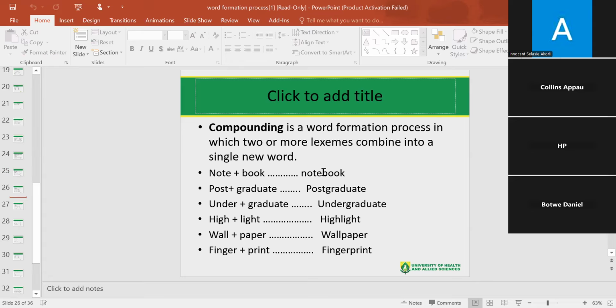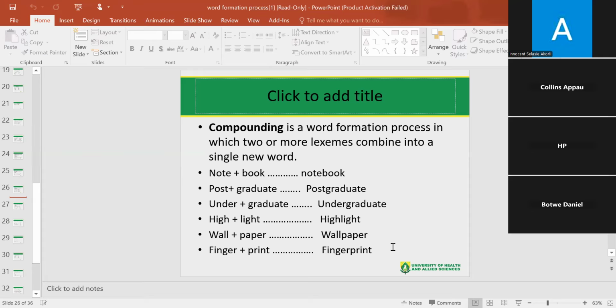And in the process, compounds, if you are referring to the formation process. So you can see some examples here: notebook, postgraduate, undergraduate, highlight, wallpaper, fingerprint.